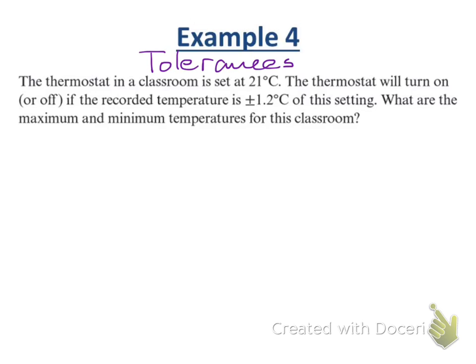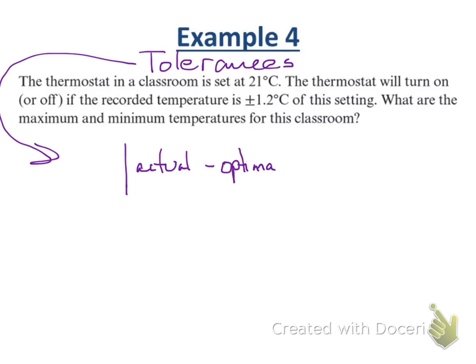All right, so the formula that comes out of this, to find maximums, we can use an equation: the absolute value of the actual minus the optimal has to be less than or equal to the tolerance. You're going to need to know this. Now this is going to come into play later.